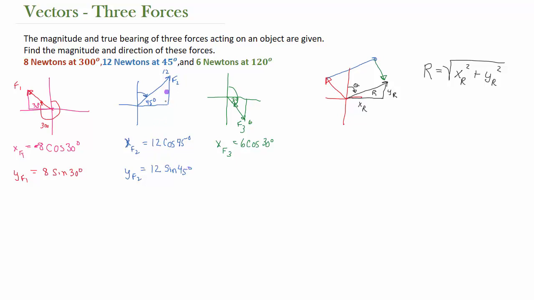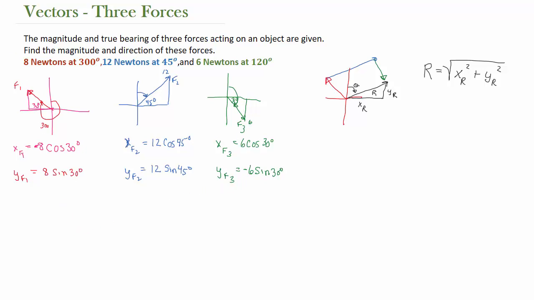And again, we're going up with force 2, so we're positive. Our y for force 3 is our magnitude, which is 6 sine of 30 degrees. But don't forget, this force is acting down now, so that's negative.